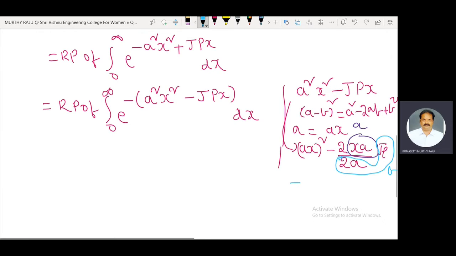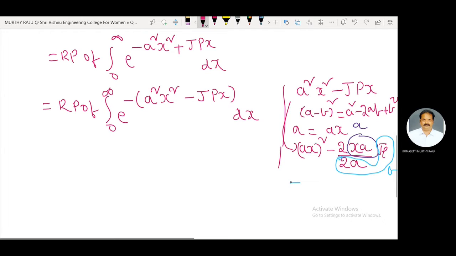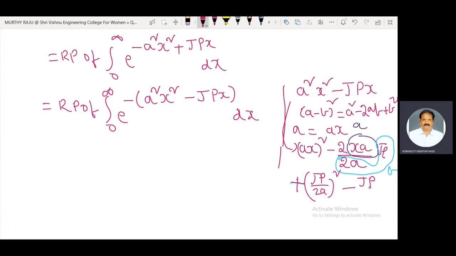Add and subtract b term: plus jp by 2a whole square minus jp by 2a whole square.